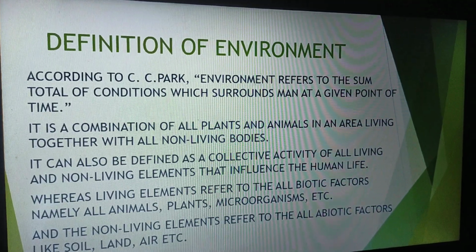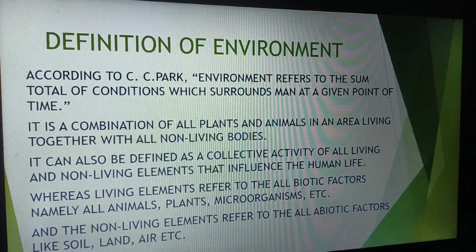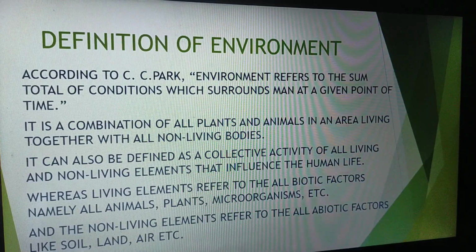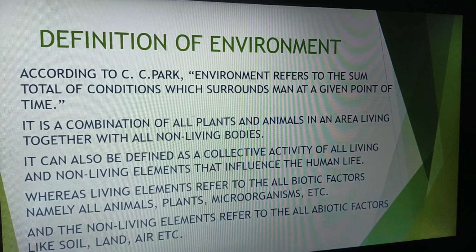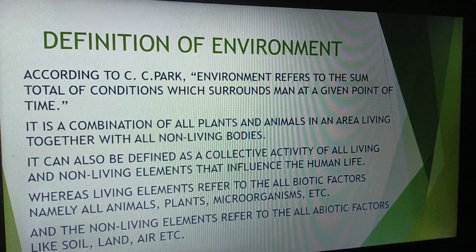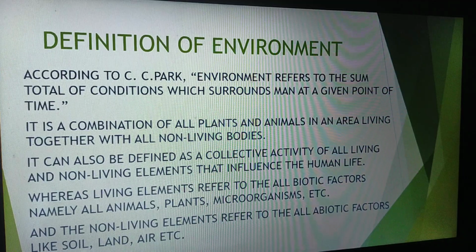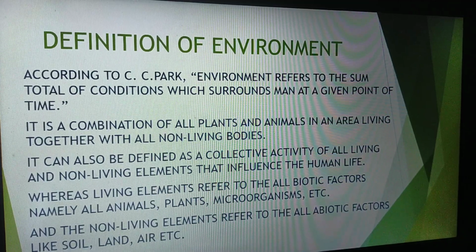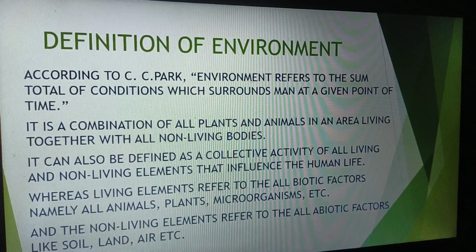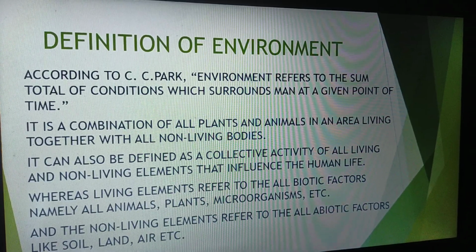So the definition of environment, according to scientist C.C. Park, environment refers to the sum total of conditions which surrounds man at a given point of time. So what is environment? It is the combination of all the plants and animals and all the non-living bodies which are living in an area together surrounding a person.